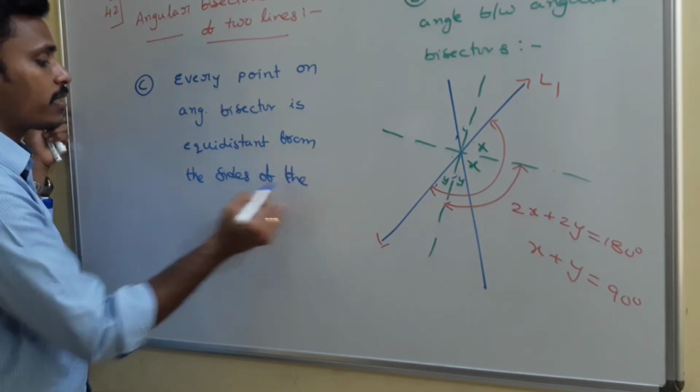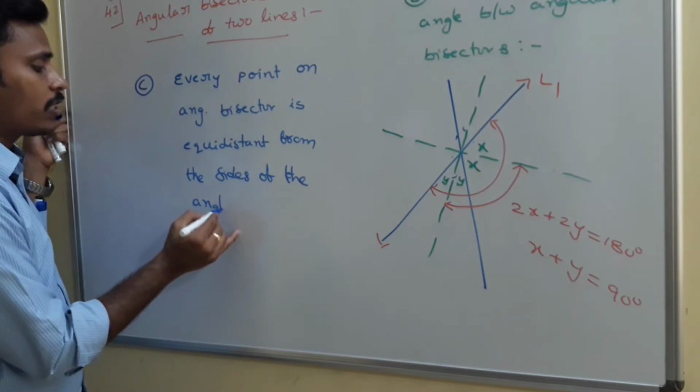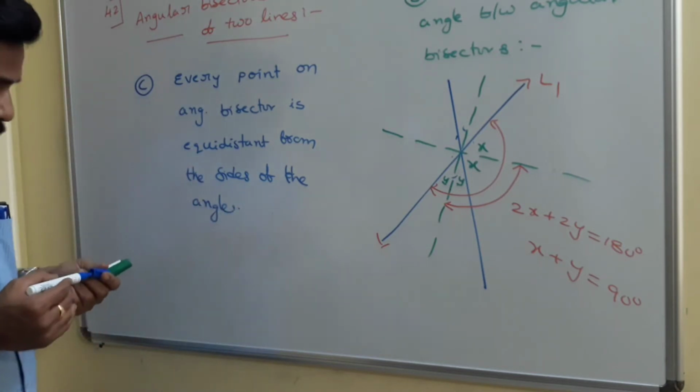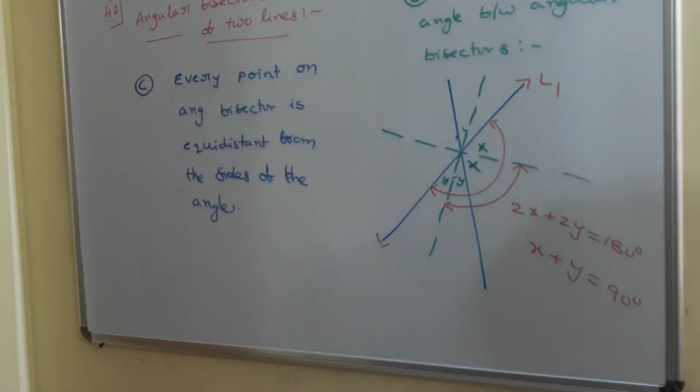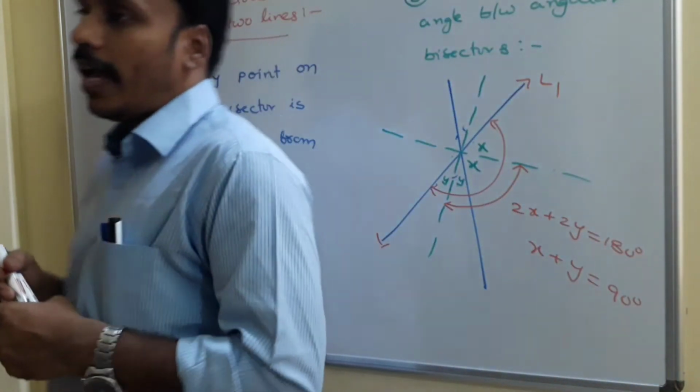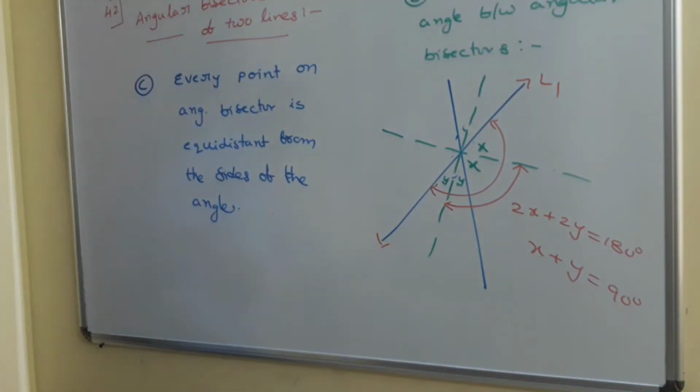You may say them as sides or arms or lines of the angle. Just think about it. There is an angular bisector, and for sure there exist infinite points on the angular bisector. Every point on the angular bisector is equidistant from the sides of the angle. That's what we need to identify first.